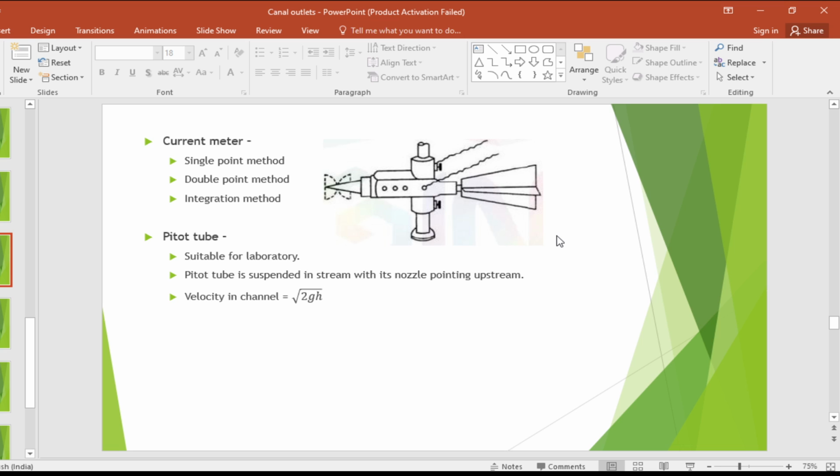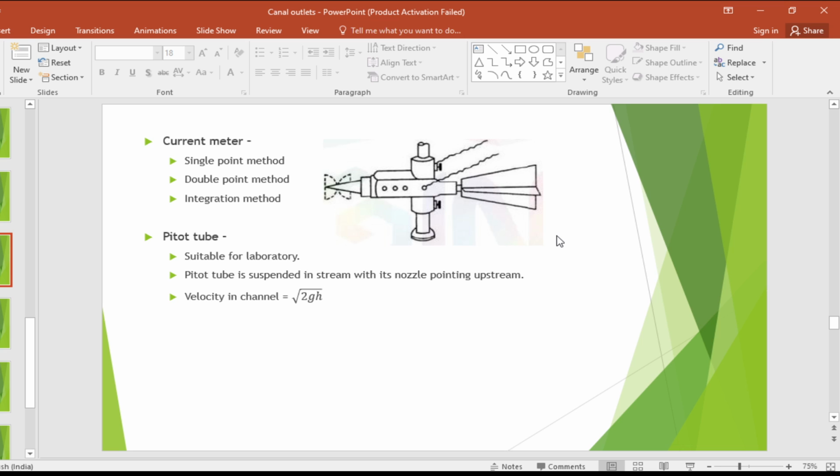The pitot tube is suspended in the stream with its nozzle pointing upstream. Due to the dynamic pressure exerted on the mouth of the tube by flowing water, the level of water in the vertical limb of the tube rises above the water surface of the channel. Okay, now that amount will be h.